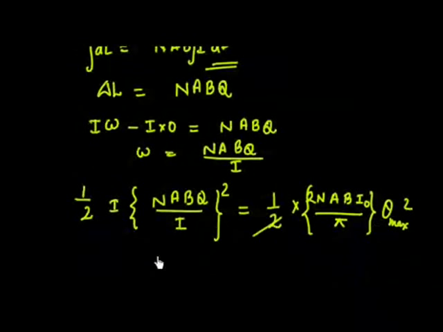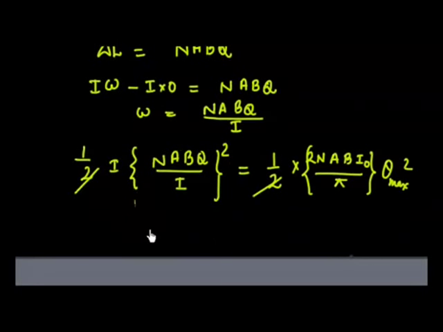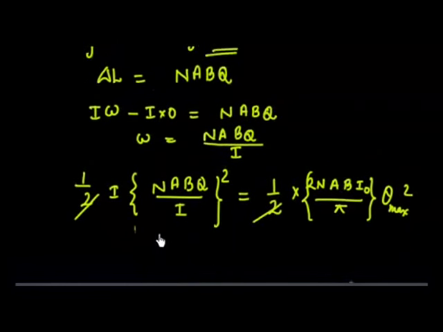From here I can calculate theta max. This 2 goes, and the I also goes. You can calculate this yourself. So on this side I will have only one I, and NAB from NABQ, so one NAB will go, and we will have only one NAB.